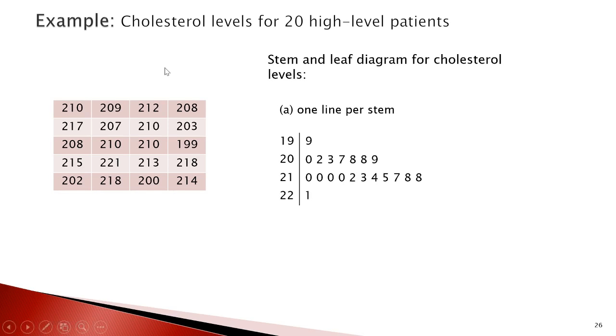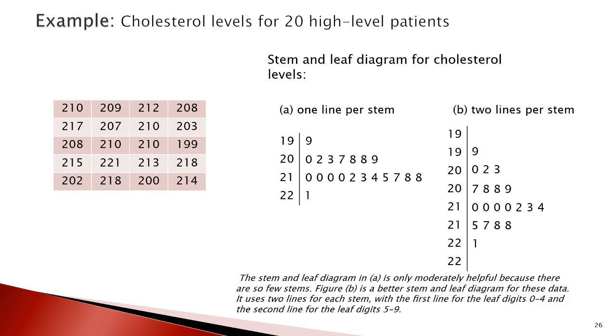We can repeat the way we did in the earlier example. For example, for 19, we have 199, so we put 9. For 20, we have 200, 202, 203, 207, 208, 208, and 209. So we can use the same procedure that we used in the earlier example to construct this stem and leaf diagram. This is the 1 line per stem diagram.